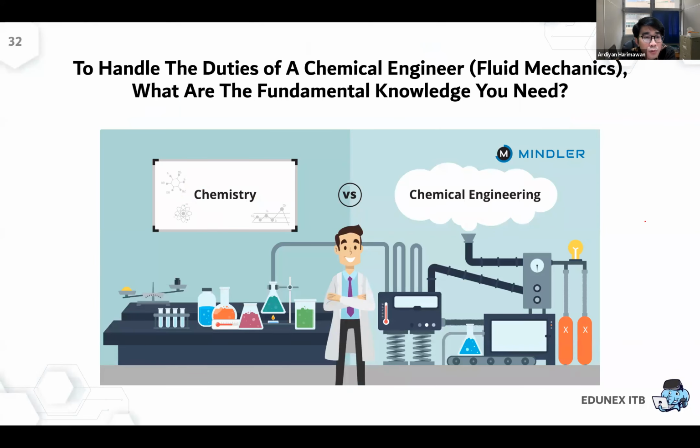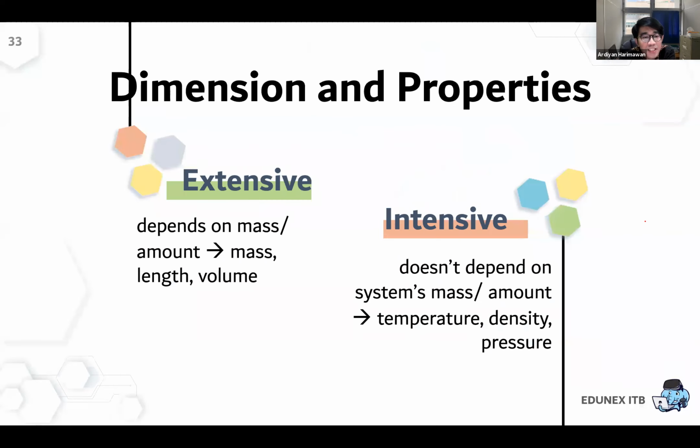Okay, now we go to the fundamental knowledge that you need to understand in order to study fluid mechanics as a chemical engineer. Maybe some parts you already learned during high school or TPB. So basically, we will be dealing with some dimensions and properties.